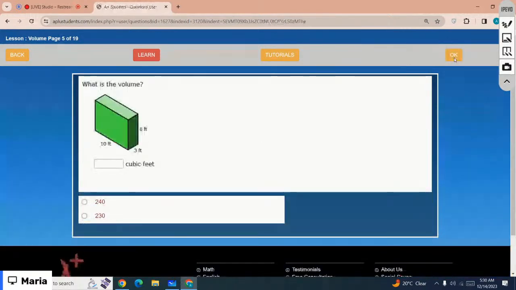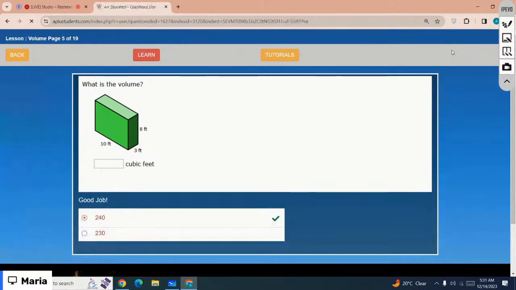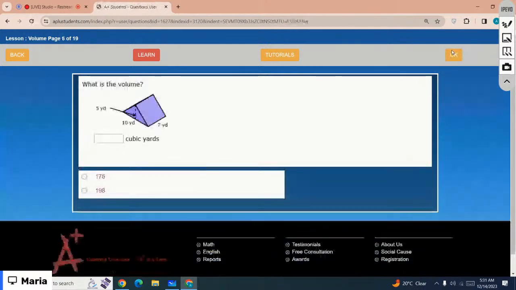Okay, what is the volume? Which is the correct option? Yes, the correct option is 240, right? What is the volume?